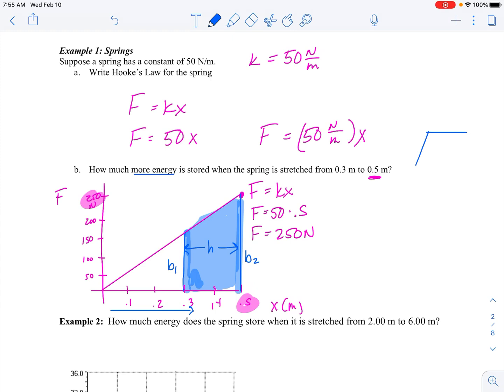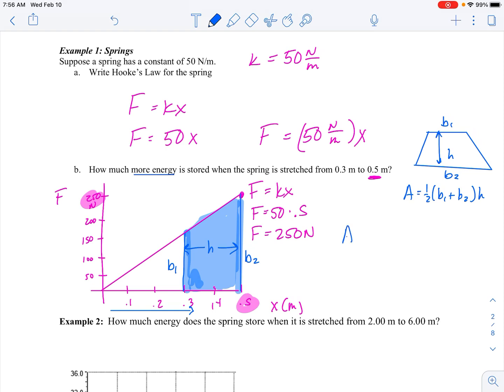And so this is a trapezoid. And just a reminder that a trapezoid is a figure that has one pair of parallel sides. It's got two bases separated by a height. And the area of the trapezoid is 1/2 (b1 plus b2) times the height. In fact, 1/2 (b1 plus b2) is the average of the bases.